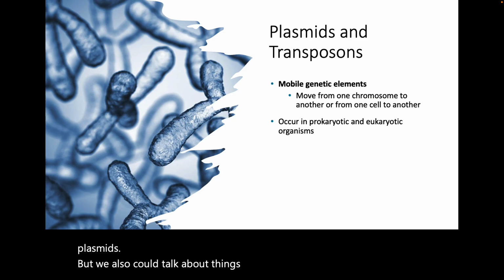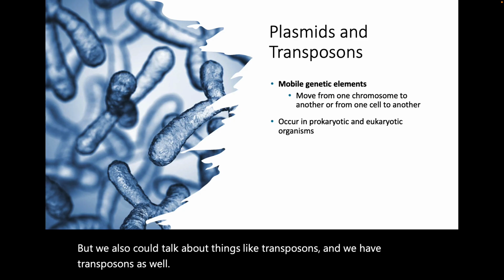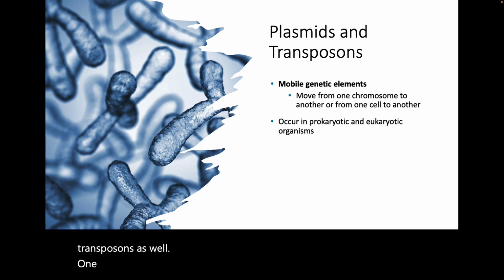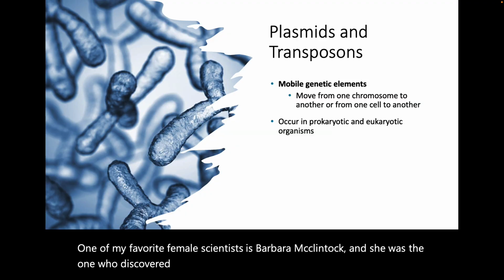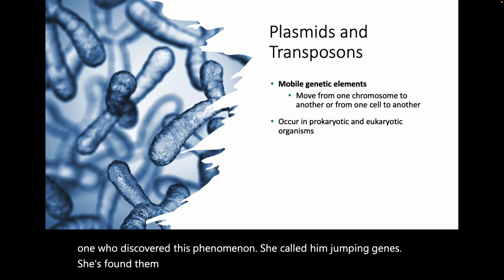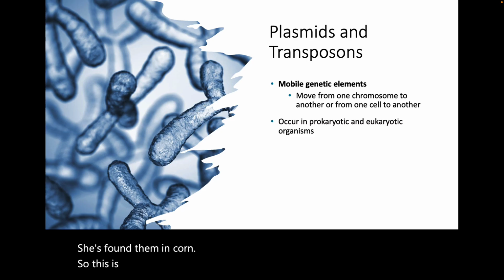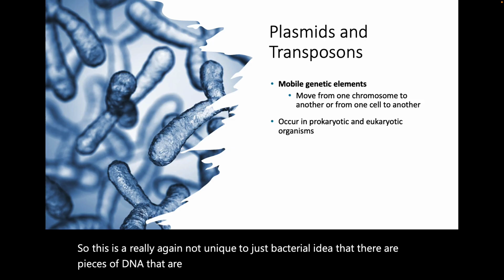One of my favorite female scientists is Barbara McClintock, and she was the one who discovered this phenomenon. She called them jumping genes. She found them in corn. So this is not unique to just bacteria, the idea that there are pieces of DNA that are capable of moving. So we call them mobile genetic elements.